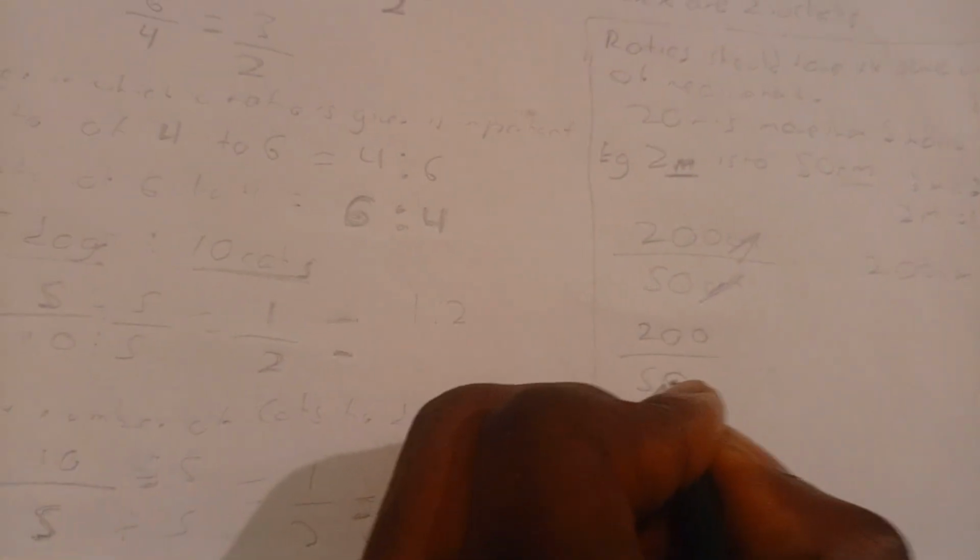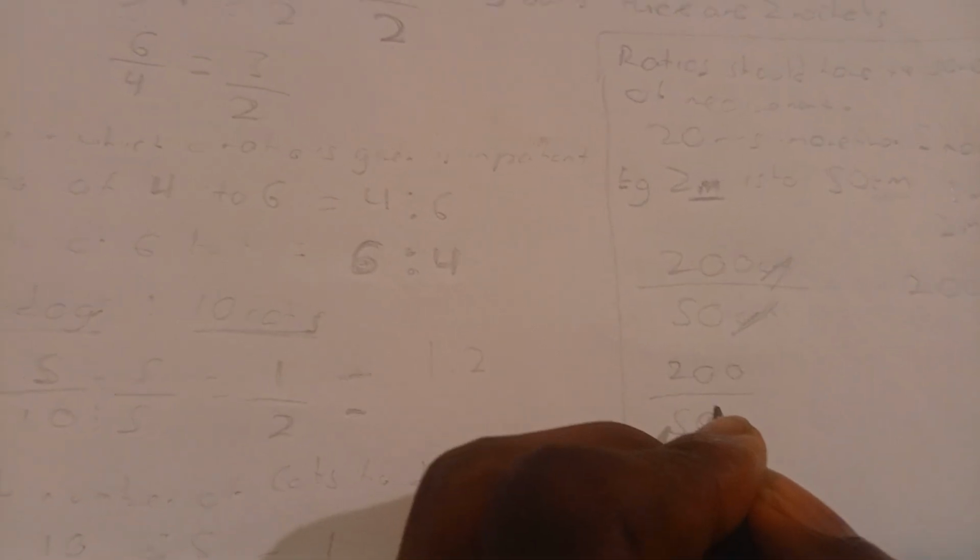Now you get 200 over 50 and you divide it by the highest common factor, which is 50 and 50. So you get 4 over 1. This is the answer.